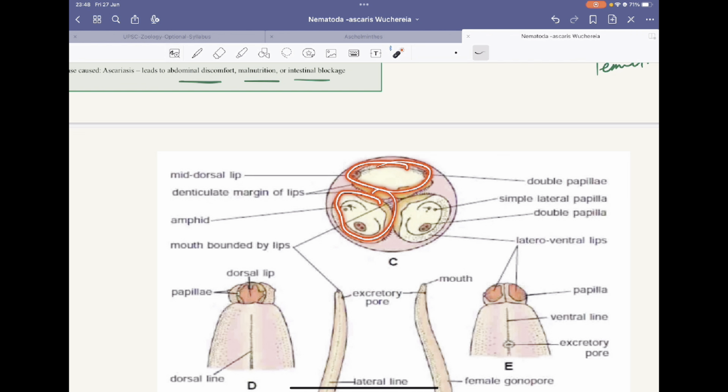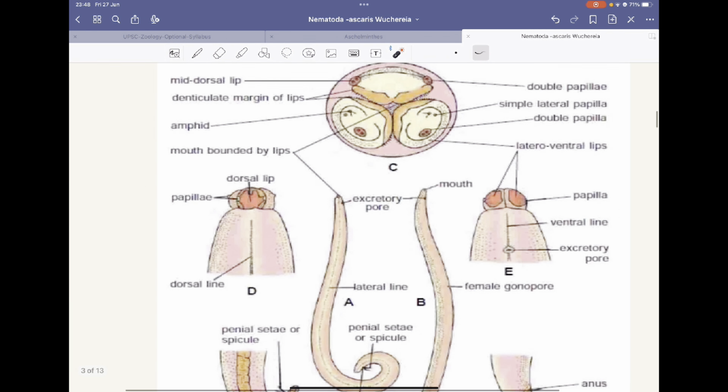Here we have three lips containing lateral papillae, latero-ventral lips, with double papillae at these two ends. There is a mid-dorsal lip, and amphids at the anterior end, and the mouth is bounded by these lips.